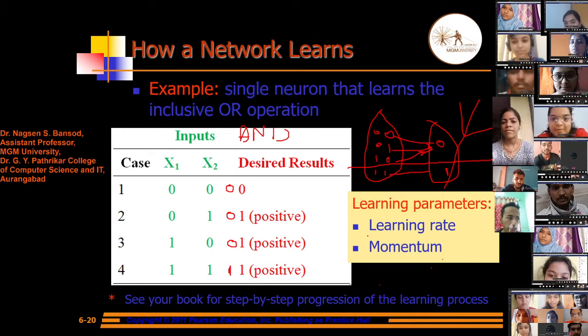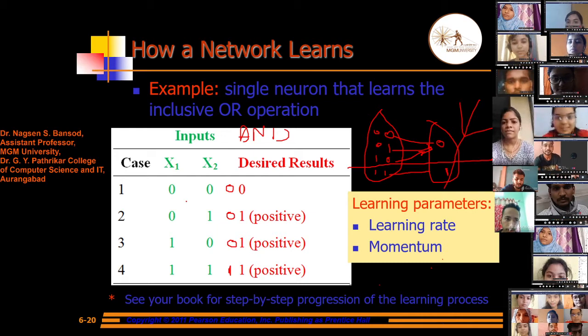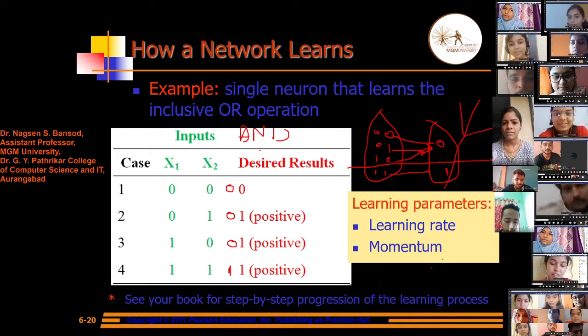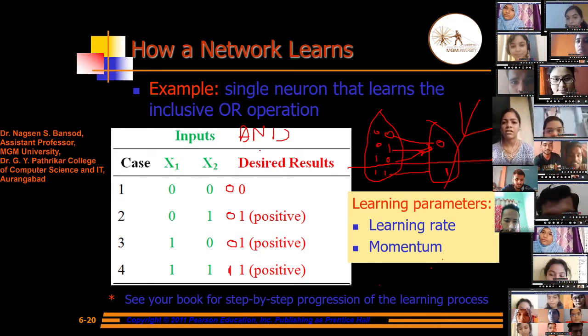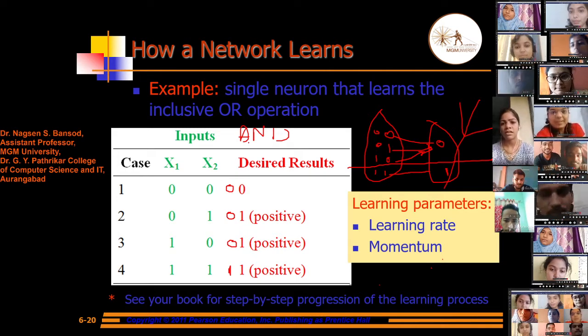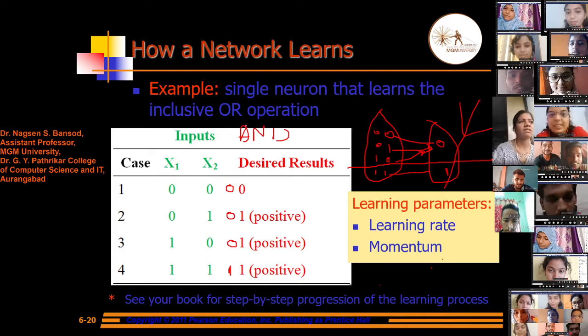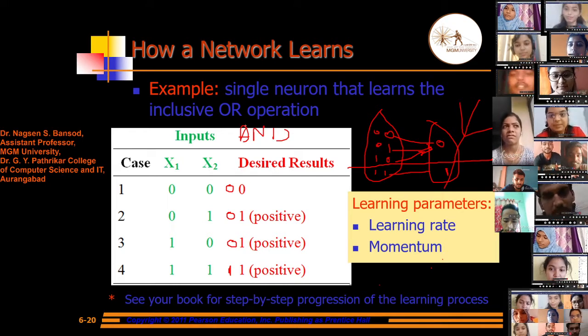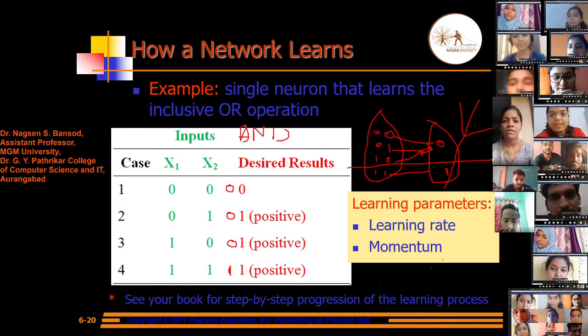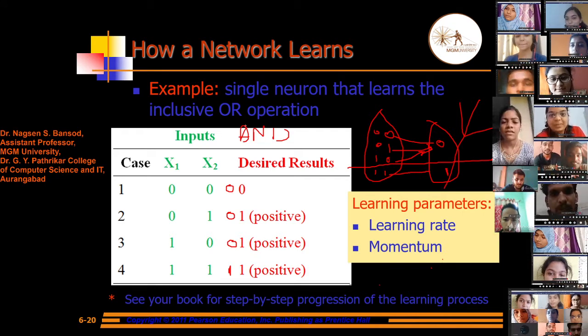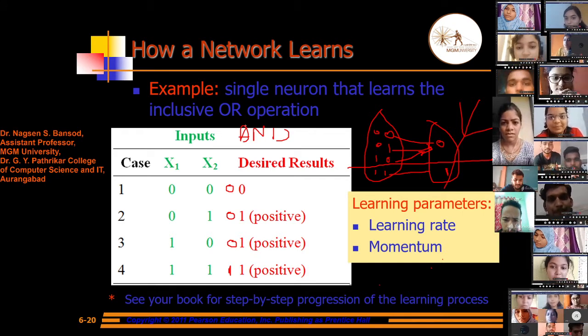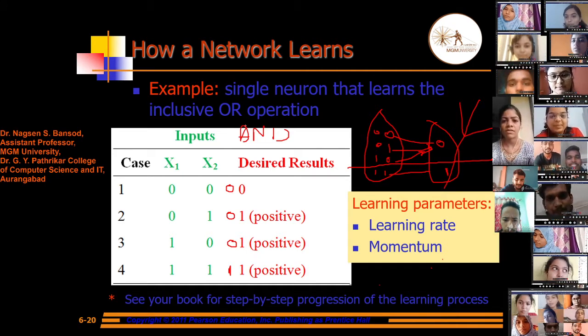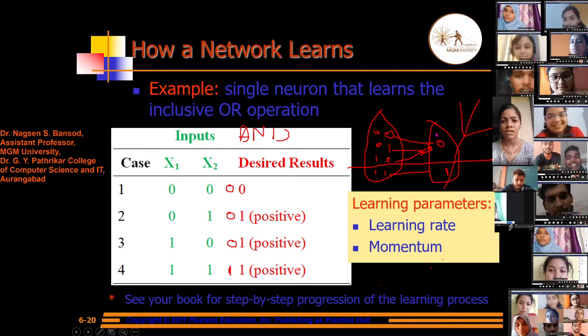So these are the learning parameters. According to our problem, if our data is linear separable, then we can use functions like the AND function, OR function, sigmoidal function, logistic function, linear function, and the bipolar sigmoidal function.